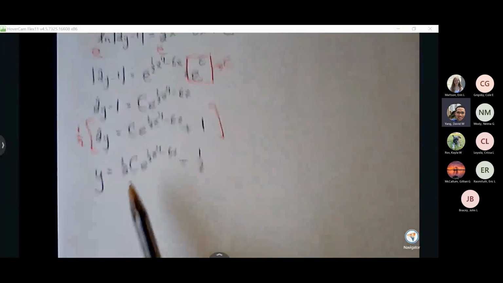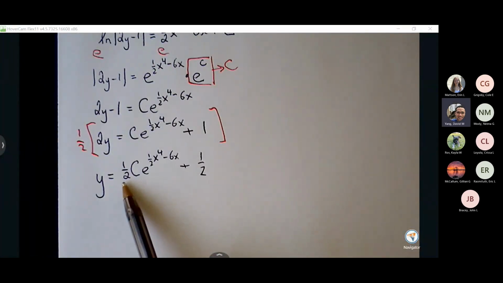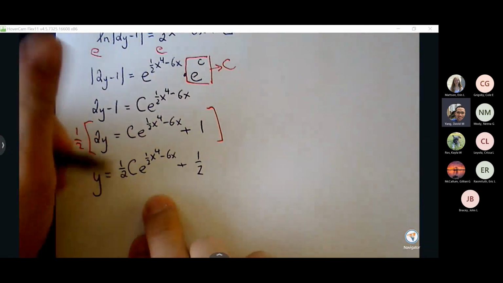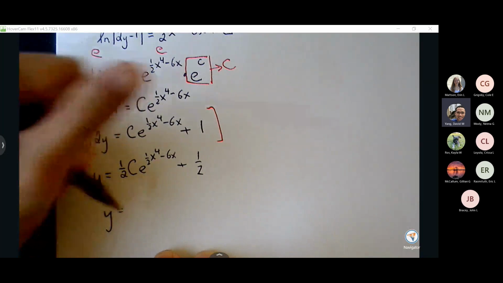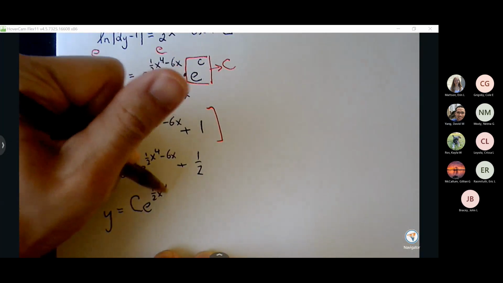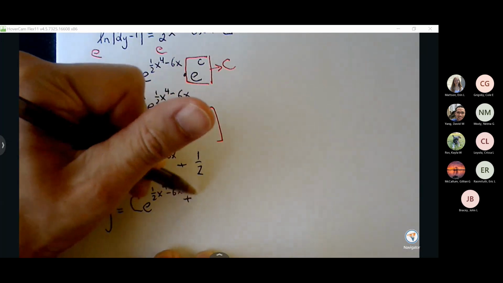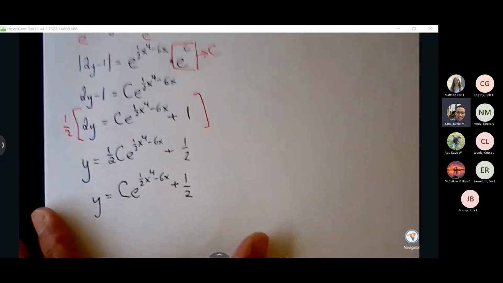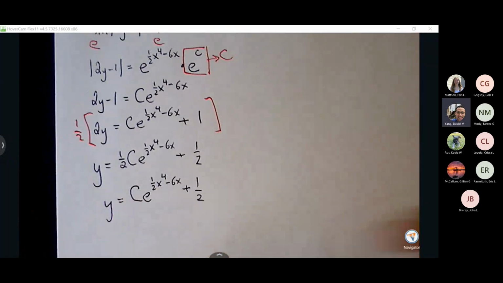Now 1/2 C, we're basically multiplying 1/2 with a constant, so I can drop the 1/2 because it's attached to the C here, so I don't need that one. So this is as cleaned up as I can get it. I have y by itself.